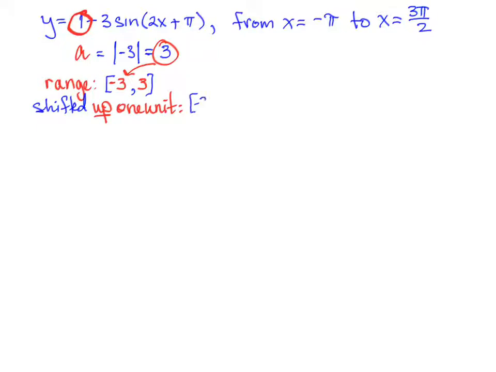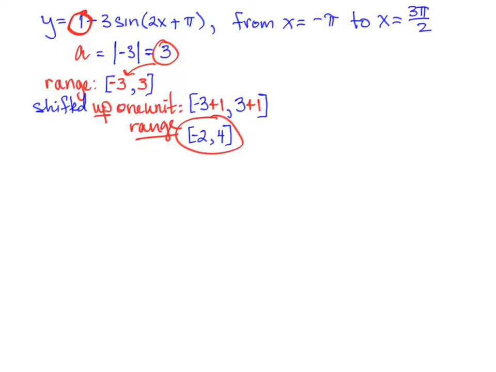So we can add 1 to these 2 numbers: -3 plus 1 up to +3 plus 1. Our new range goes from -2 up to +4. That's what we're going to use to label our y-axis.